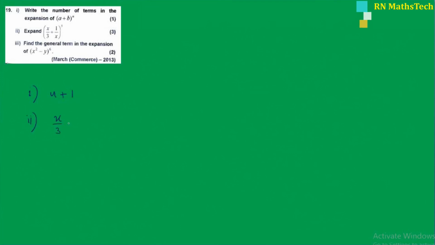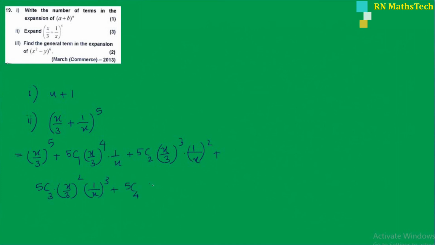Expand x by 3 plus 1 by x the whole raised to 5. ഇത് expand ചെയ്യുമ്പോൾ the term is equal to x by 3 raised to 5 plus 5c1 x by 3 raised to 4 into 1 by x plus 5c2 x by 3 raised to 3 into 1 by x the square, plus 5c3 x by 3 യുടെ സ്ക്വയറും 1 by x ൻ്റെ ക്യൂബും plus 5c4 x by 3 raised to 1 ഉം 1 by x raised to 4 ഉം ലാസ്റ്റ് 1 by x raised to 5 എന്ന് കിട്ടും.